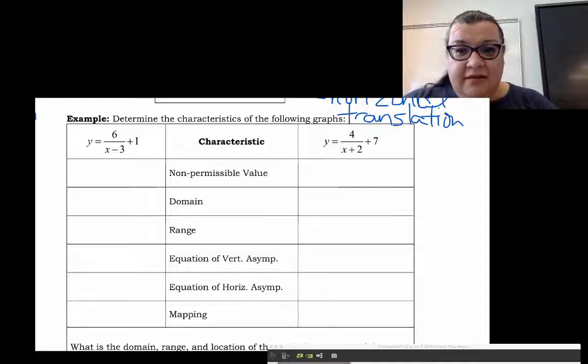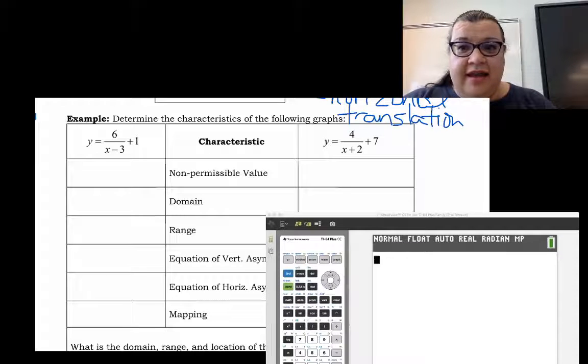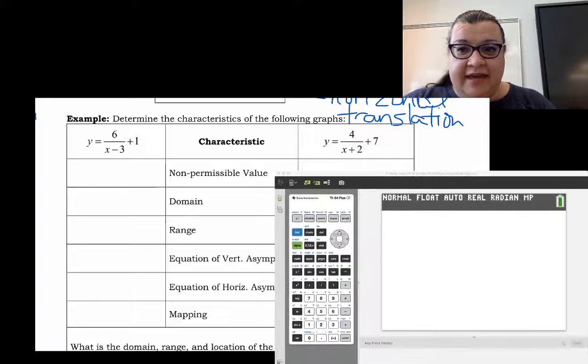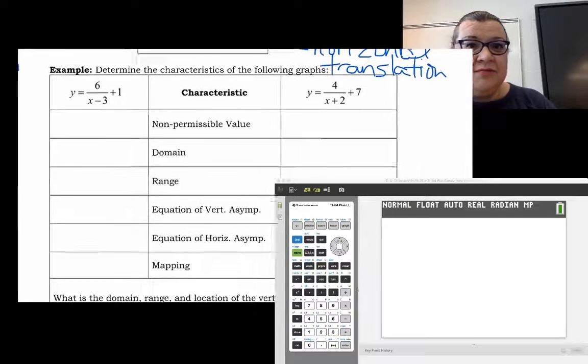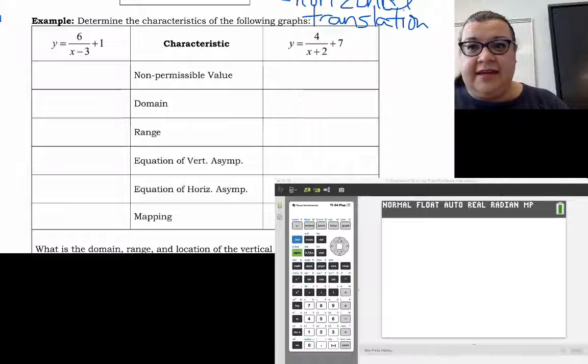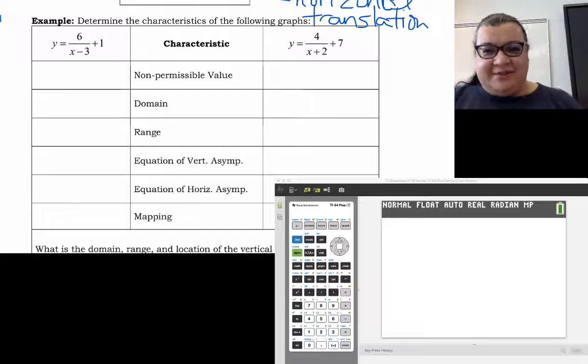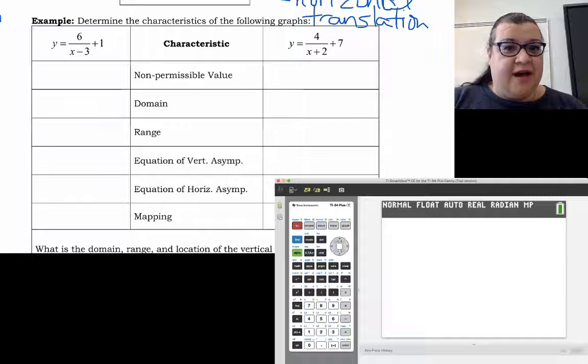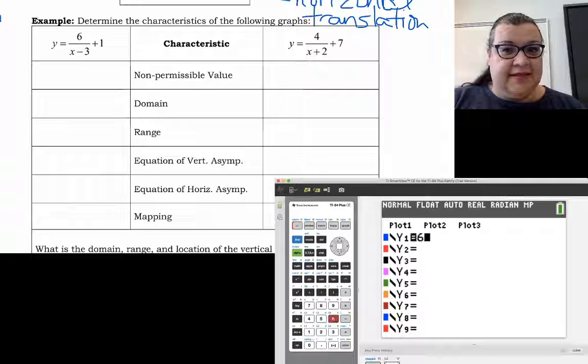So let's just take a quick look at what that actually looks like. I'm going to bring up my calculator here. I'm just going to move some stuff around so hopefully we can see all of this on one screen. All right, so I'm going to go into my calculator here, and we're going to do y is equal to 6 divided by, now you do want to put your denominator in brackets, you guys, remember, because you have to tell your calculator the order of operations you wanted it to do.